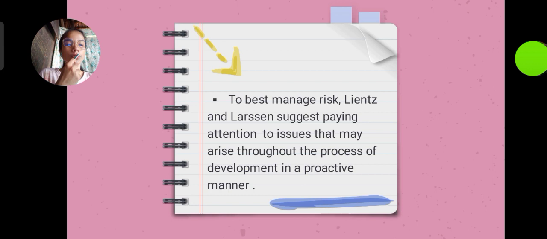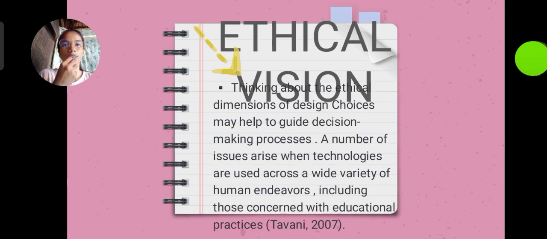Some possible risks that may arise in a blended learning program are working alone, lack of experience with teaching technologies, and the program ending after a short time. According to Lienz and Larson, to best manage risk, they suggest paying attention to issues that may arise throughout the process of development in a proactive manner.